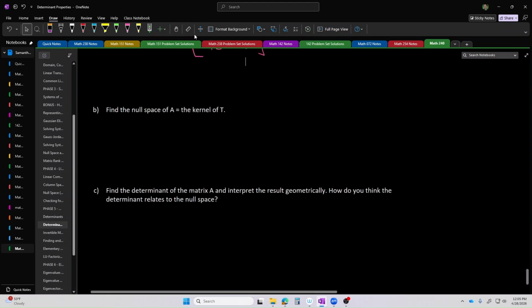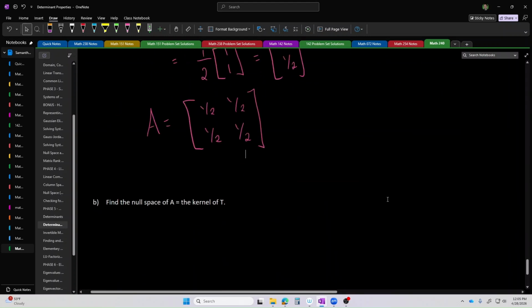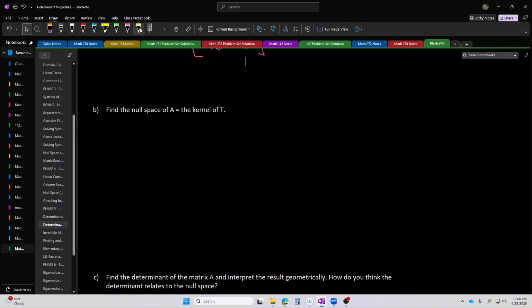Now, let's think about what the null space of this matrix would be, or phrased another way, what the kernel of this transformation would be. In this case, there are a couple different ways to answer this question. One way would be to augment the matrix A with the 0 vector, and then row reduce this matrix and interpret that result.